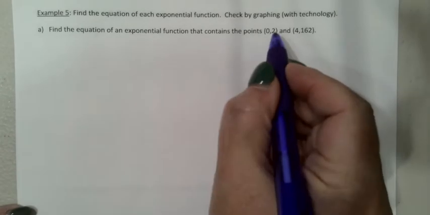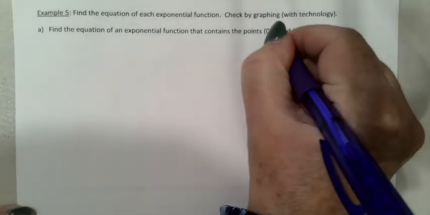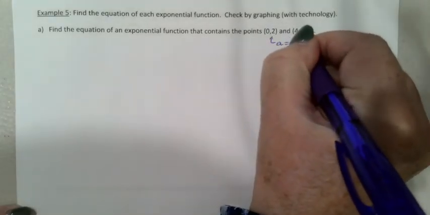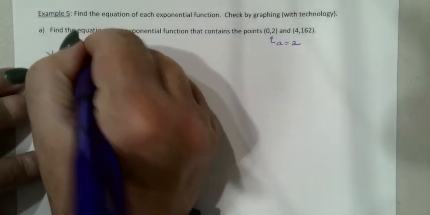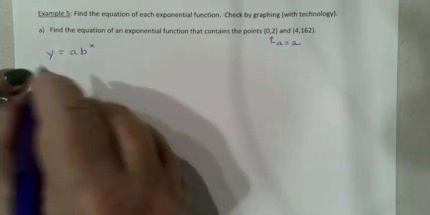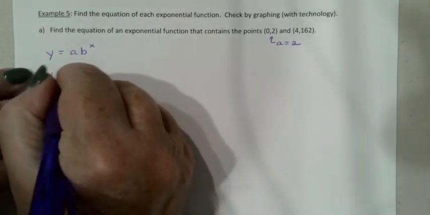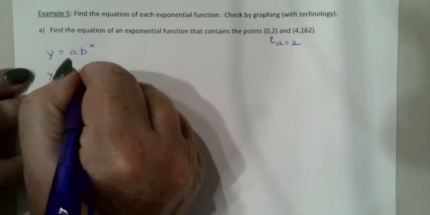This time I do have the y-intercept, so right away I know that a is going to be 2. So in terms of my exponential function, y equals a b to the x, I can write right away that y equals 2b to the x.